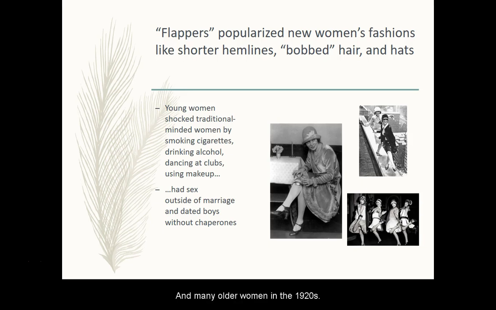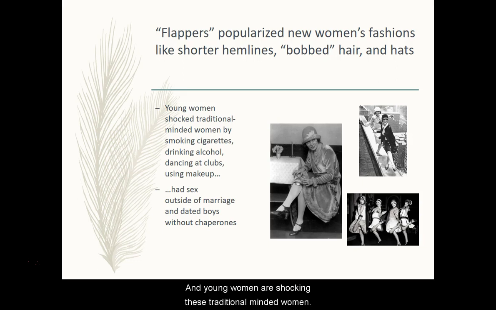And many older women in the 1920s would not allow their daughters or their granddaughters to cut their hair off because they saw it as very inappropriate and not traditional. And women start wearing different types of hats as well.